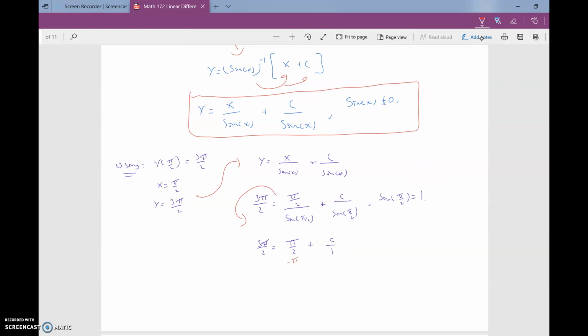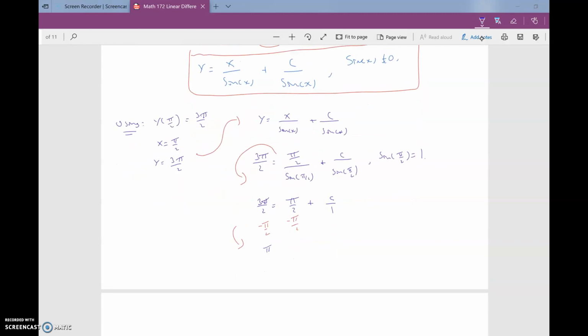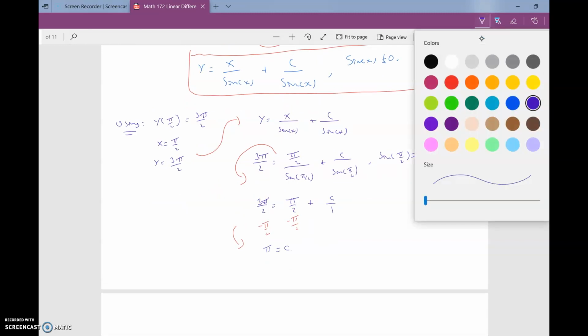And subtracting pi over 2, we're going to get 2 pi over 2. So we're getting pi is equal to c.